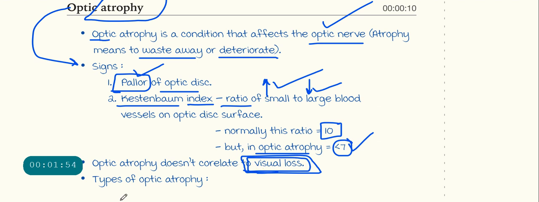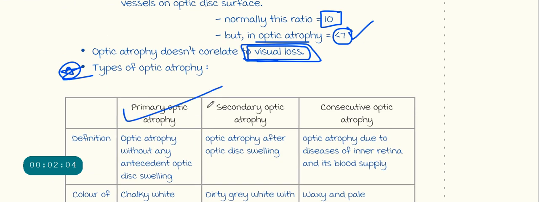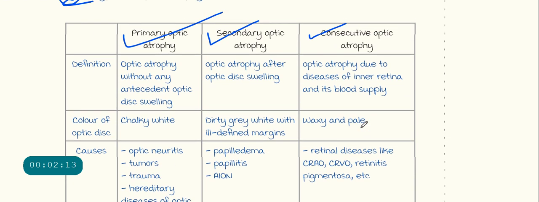Now the most important thing in optic atrophy is its type. So what are the types of optic atrophy? These are primary, secondary, not tertiary, dears. Here comes the consecutive optic atrophy. Let us discuss them in great detail.